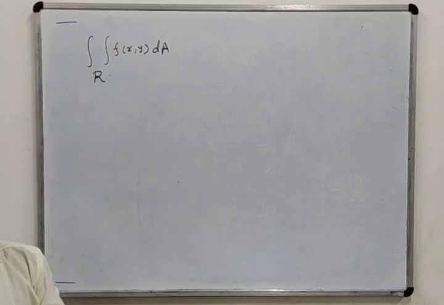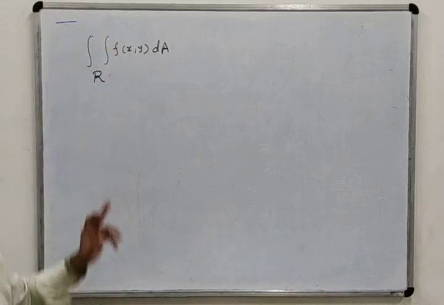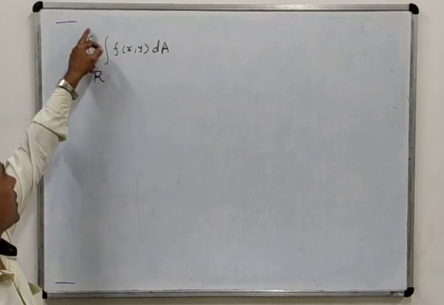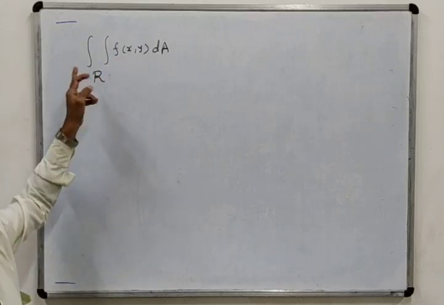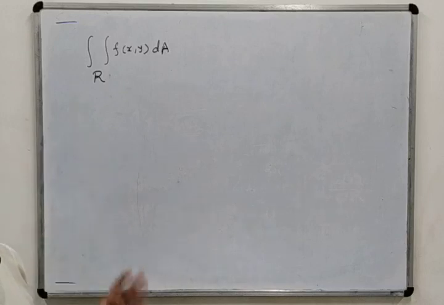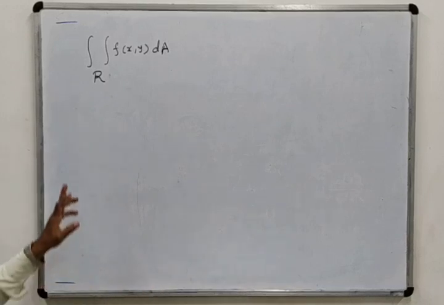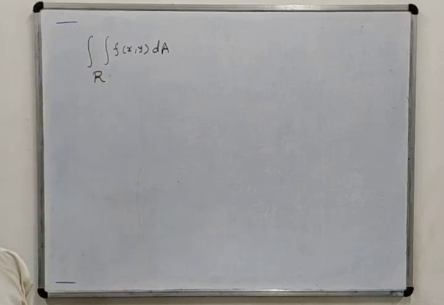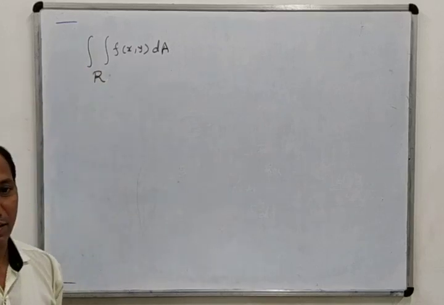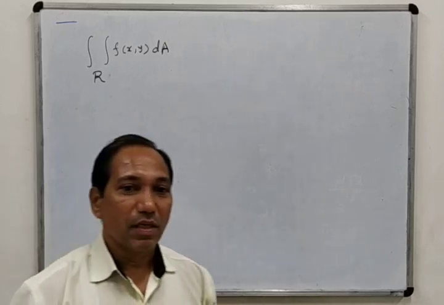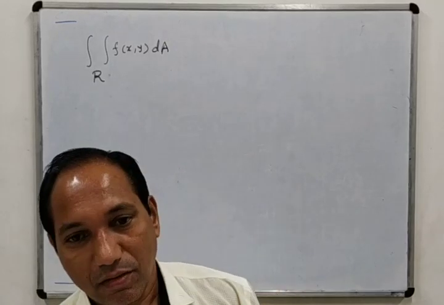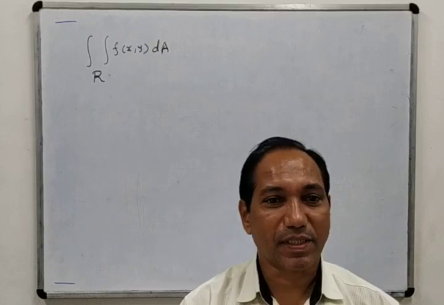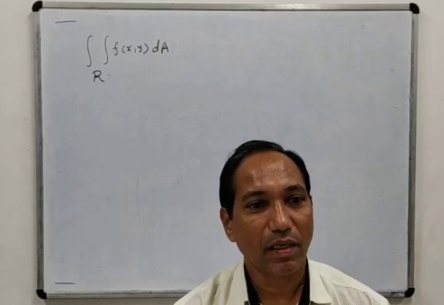So our main target is to determine the limits of these two integrals, inner and outer. If limits are given, we can continue to integrate directly. But if limits are not given, then first we need to determine the limits, and this is the main task of this double integral.